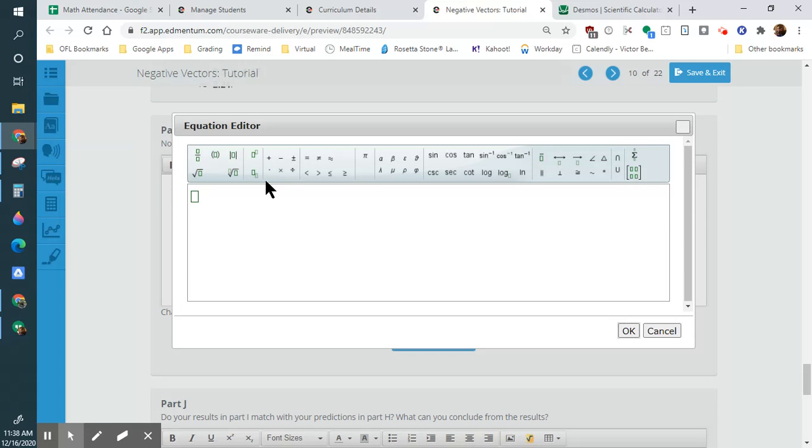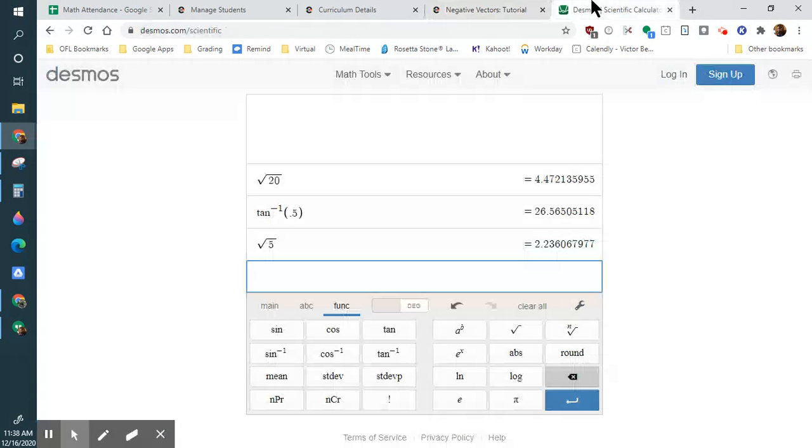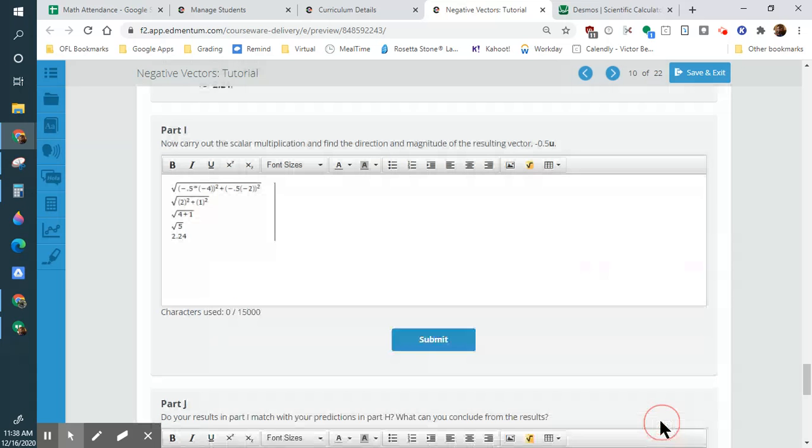Our y value turns into a 1, so it becomes 1 over 2, which is 0.5. Tangent inverse gives 26.57, which again, those are the exact same answers we got.